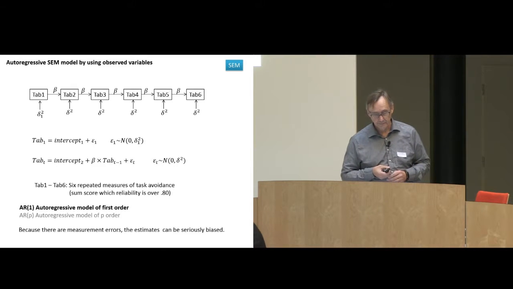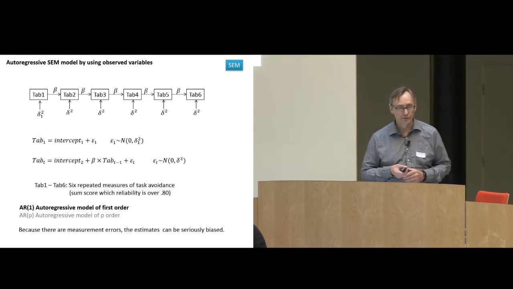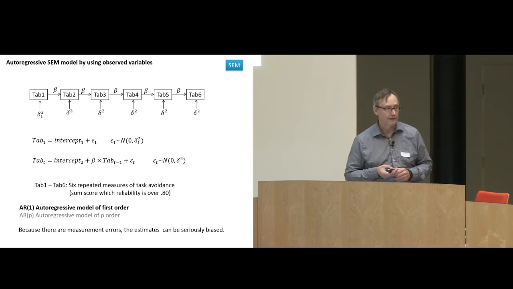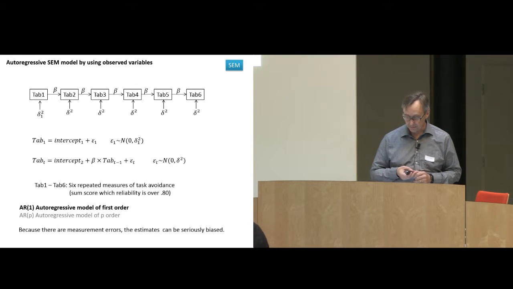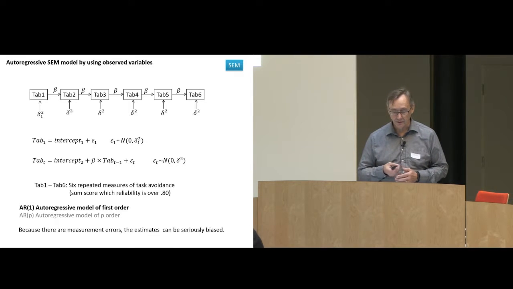And then I use figures and equations to show you the simplest autoregressive model. This model is called in time series analysis an autoregressive model of first order. This first order means that there is dependence only between successive measurements, only one arrow.